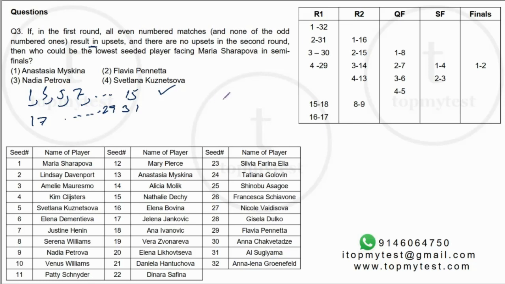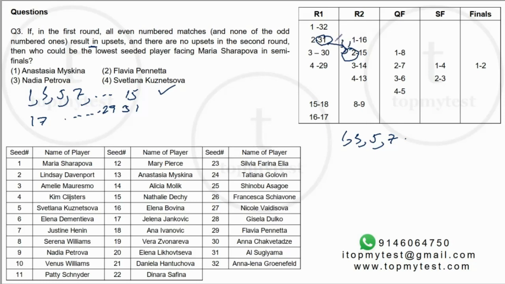There are no upsets in the second round. So again, 1, 3, 5, 7 will win. But who else will be there? Only the higher ranked players will be left. So it was supposed to be 2 versus 15. Now in an ideal scenario, 2 would have beaten 15 and would have gone to the quarterfinal. But 2 was defeated by 31.